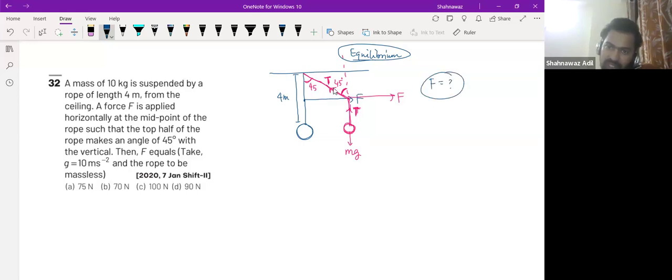So you have this tension, it will have two components. So at this point, what is F?